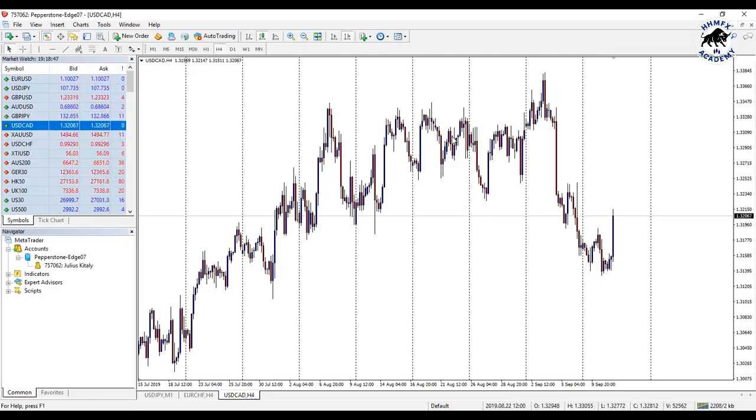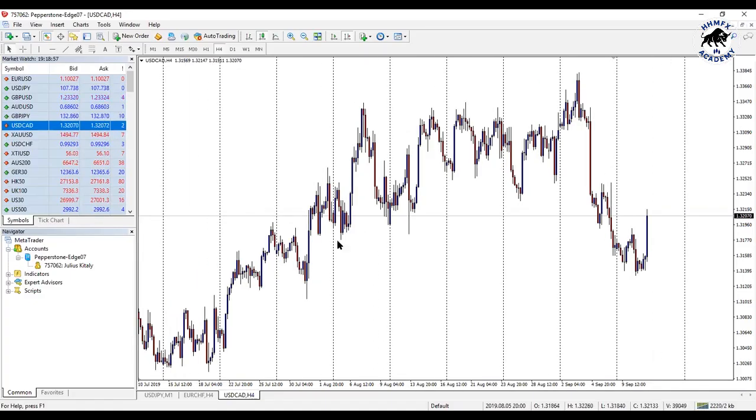Number one thing, guys, that you need to understand is support is a demand zone. So we expect to see support somewhere below the market, somewhere below the chart. You cannot expect to see support somewhere at the top or above the market.